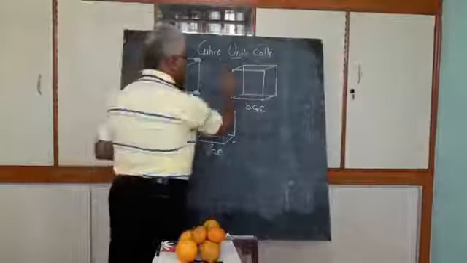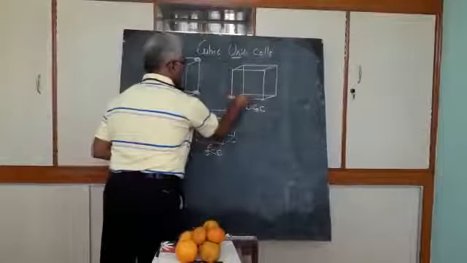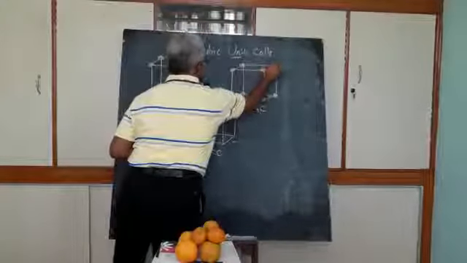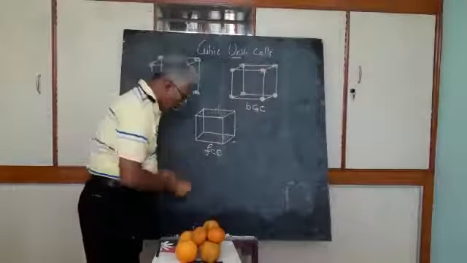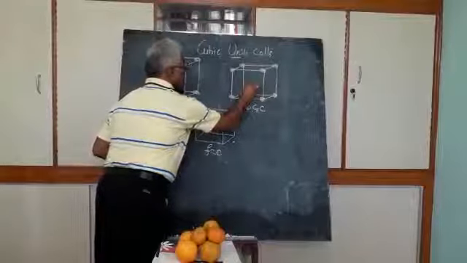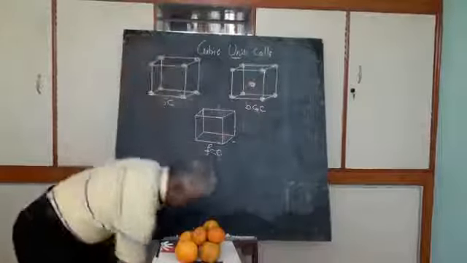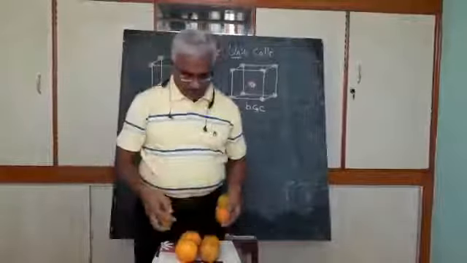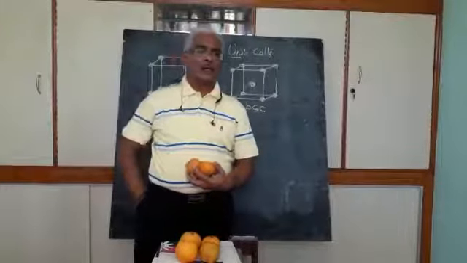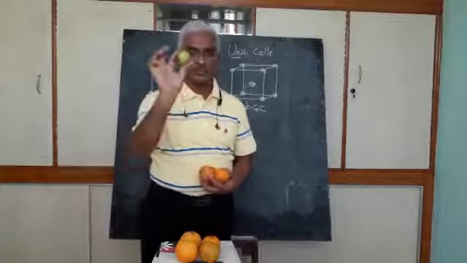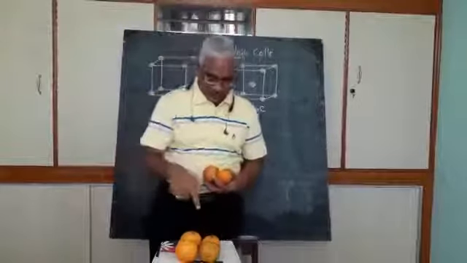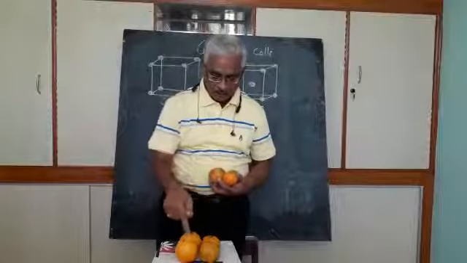Assume next unit cell. So I have same 8 atoms, same lattice points, cubic arrangement, but another atom is present in the body center. How? So let me illustrate. So I have 4 atoms here, 4 atoms here, and I have another smaller atom. So this atom is going to be placed in the gap between the 4 atoms.